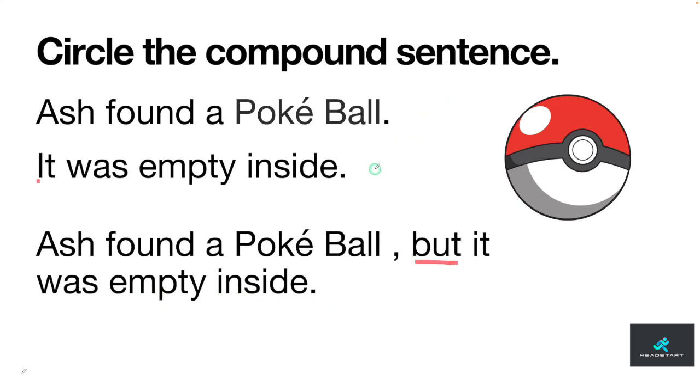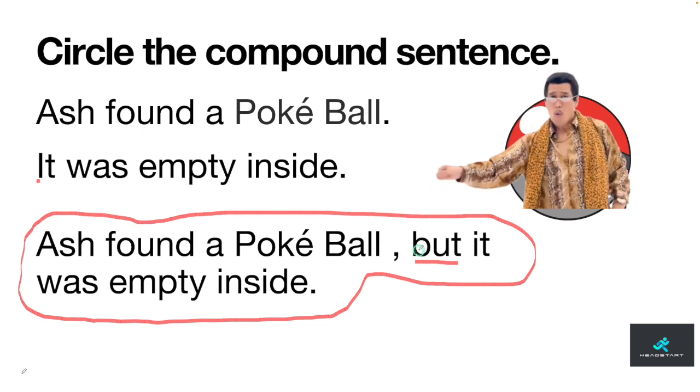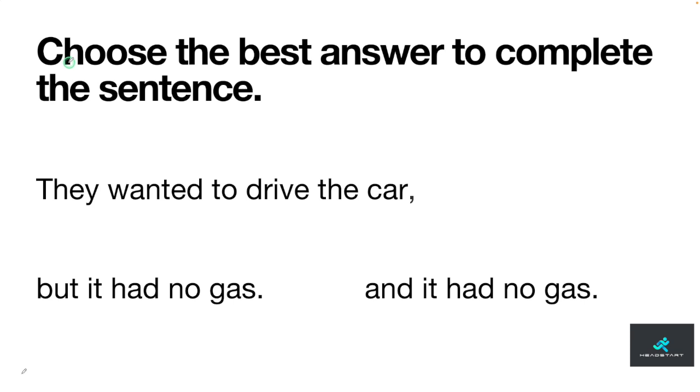So you see this part, they're just two simple sentences. But this one here is two simple sentences put together, so we call that a compound sentence. And we have that special word, a conjunction. But.